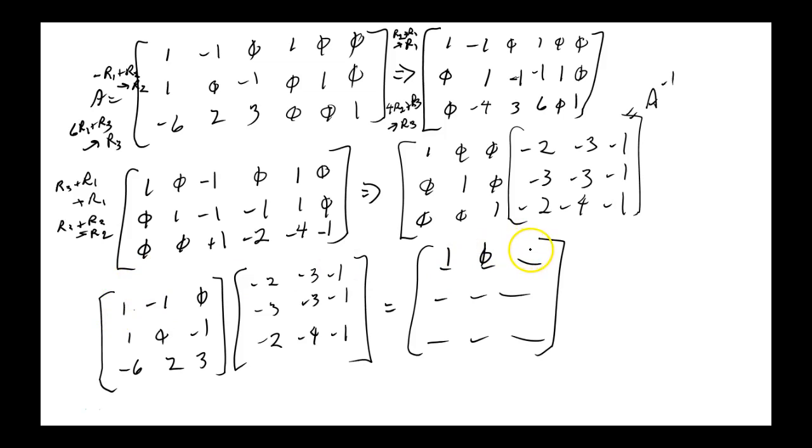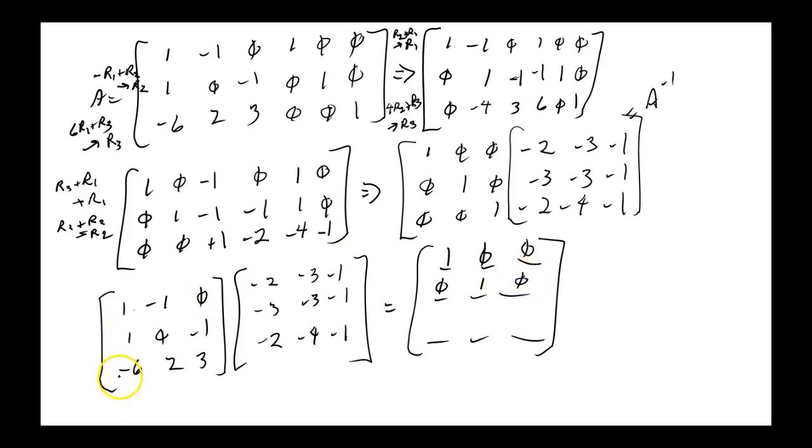Second. 0. Next entry. Zero. That's good. Next entry. One. Good. Next. Zero.